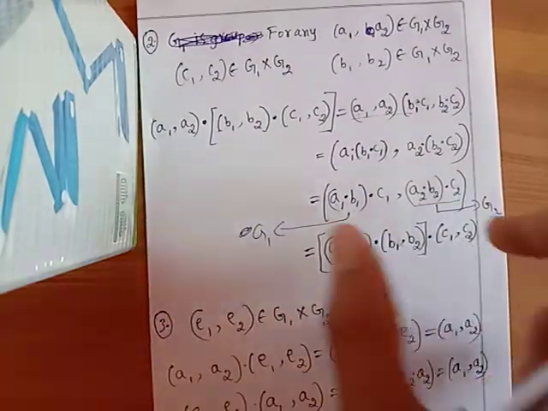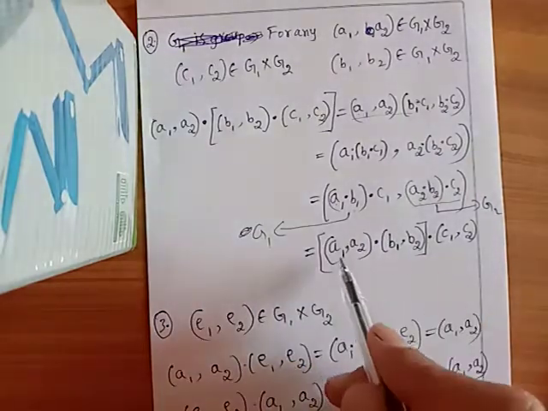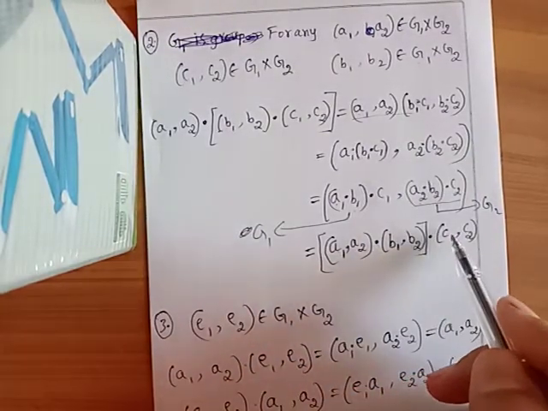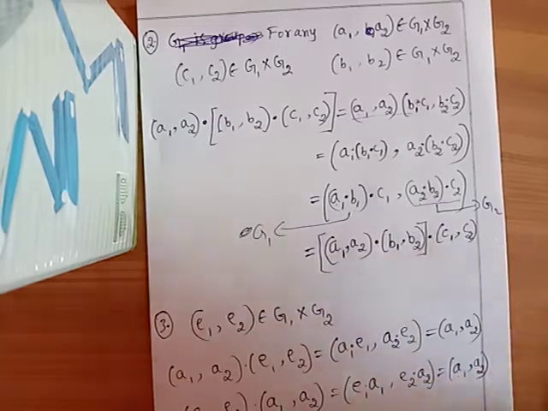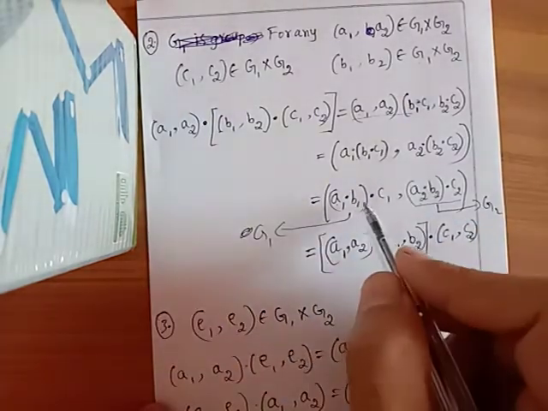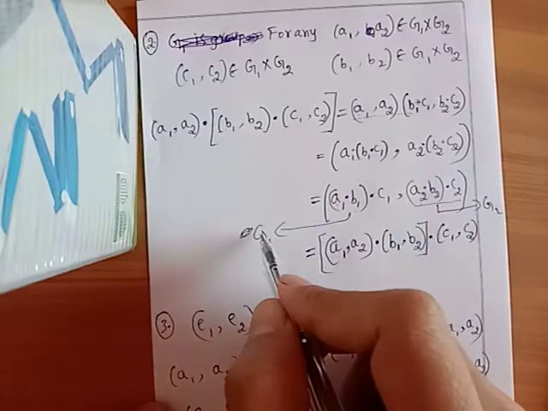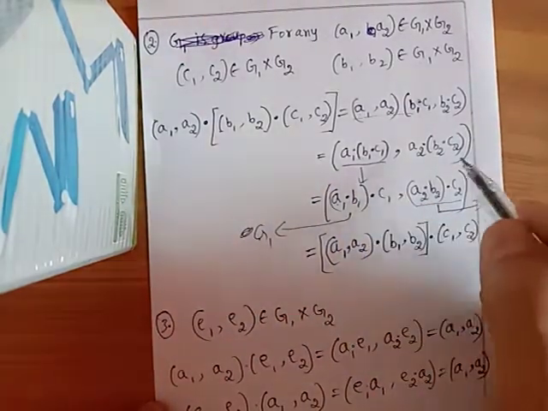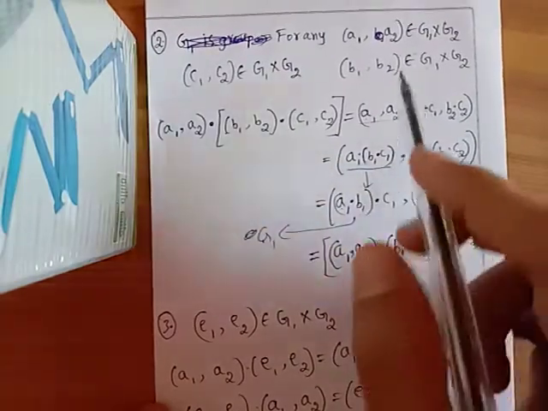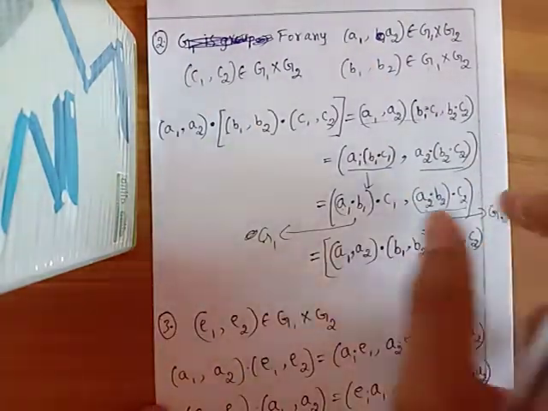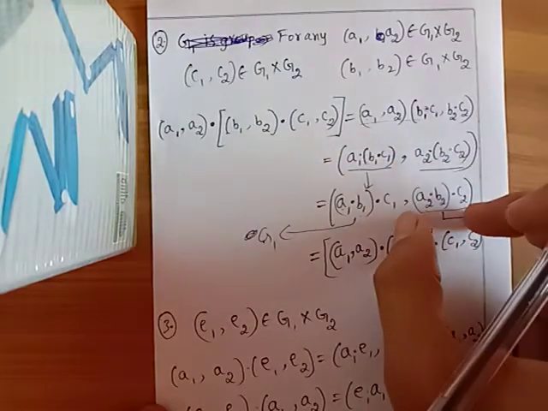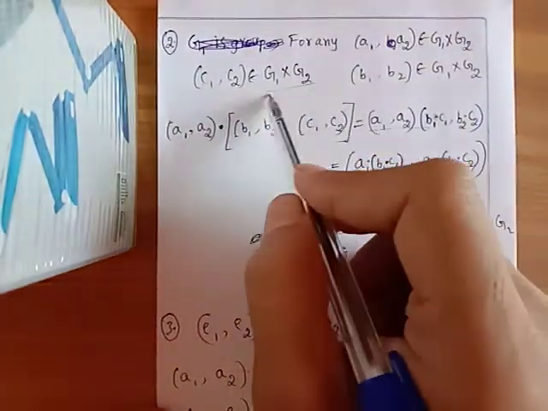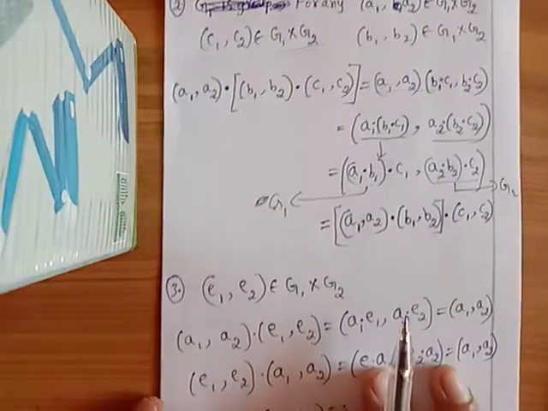So we can write this as (A1, A2) into (B1, B2) into (C1, C2) in this manner. Since associativity holds in G1 and in G2, we can write each component in this way. So the associative property holds in G1 cross G2.